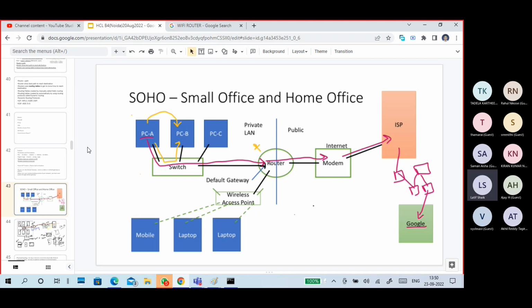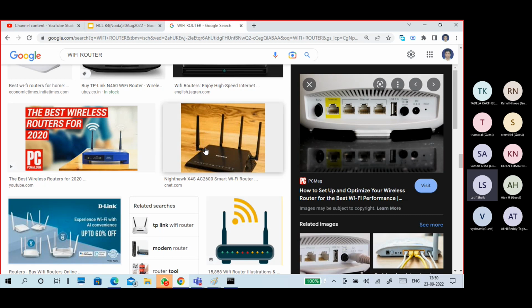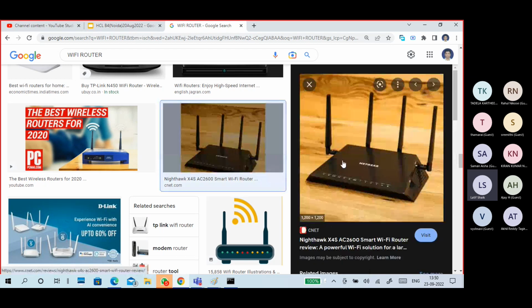But nowadays everything is replaced. A single Wi-Fi router has router functionality, switch connectivity, wireless access point, and modem. These are all built inside one single Wi-Fi router.